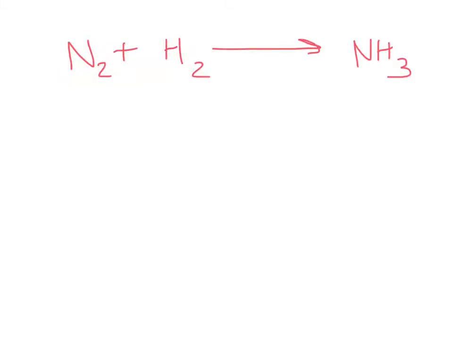Okay, practice problem C says, how much nitrogen will be required if I want to react 2.9 moles of hydrogen to make ammonia? So it looks like we're using the same balanced equation as before. So nitrogen gas plus hydrogen gas going to ammonia, and we do need to balance it. There's our balanced equation.